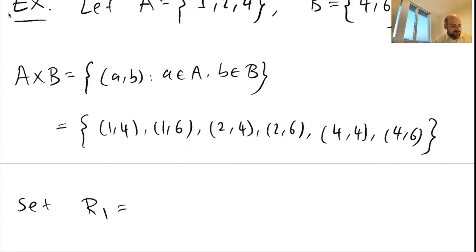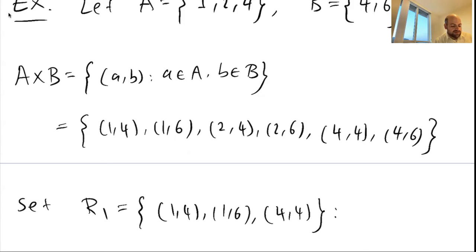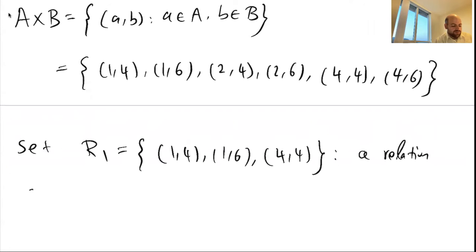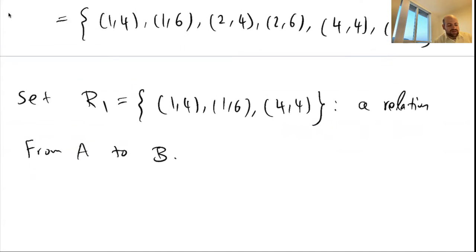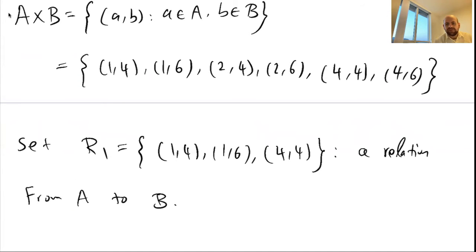For example, R1 equals {(1,4), (1,6), (4,4)}. This is a relation from A to B, because as long as I have a subset of this set, I have a relation from A to B. So it's a subset of A cross B, and therefore a relation from A to B.